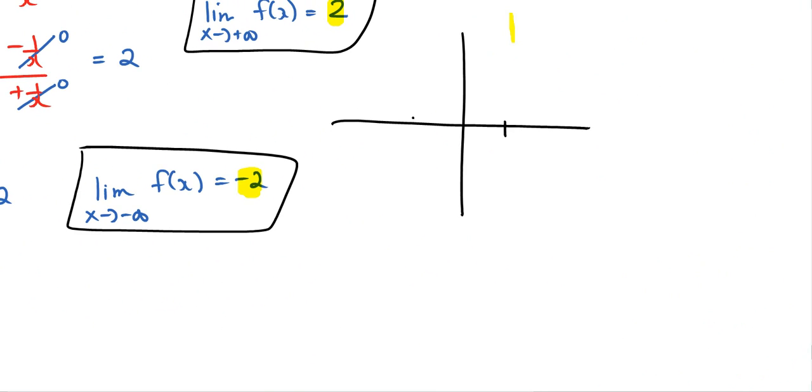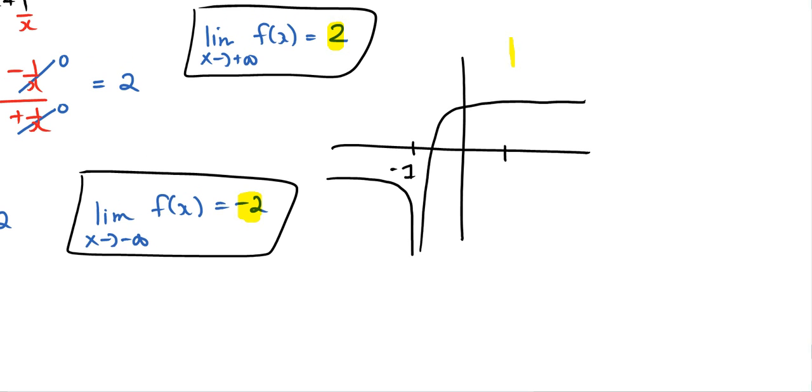Okay, so if this is negative 1, maybe you have a vertical asymptote going like something like that, and maybe something like that. So maybe your graph looks like this, where this is a value of 2 here, this is a value of negative 2, and you have a vertical asymptote at minus 1. So your graph could look something like that.